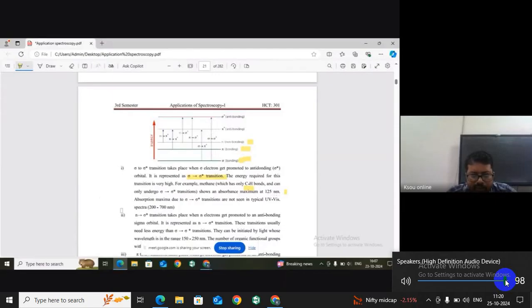That's why it is not an allowed transition: sigma to sigma star is at 125 nanometers, but the measurable range is 200 to 700 nanometers.